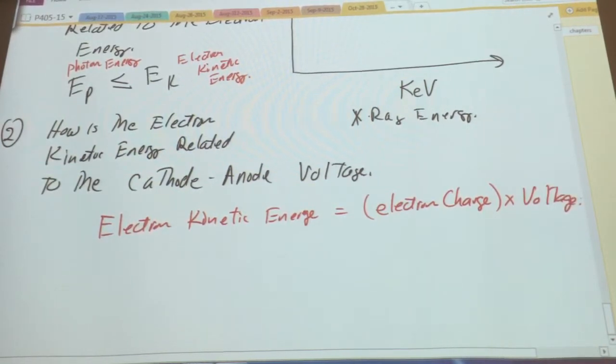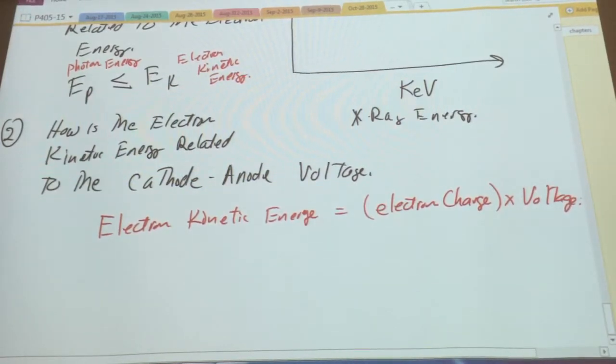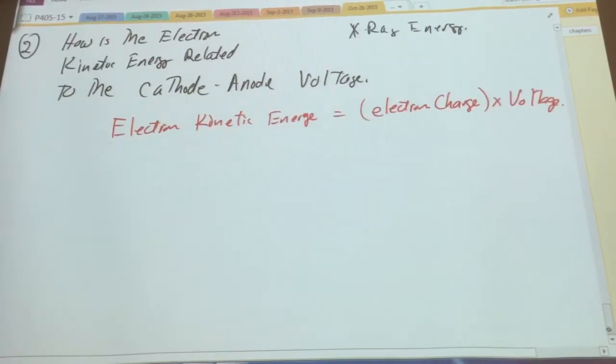So the electron kinetic energy is literally just the electron charge times the voltage. And what's the charge of the electron? 1.602. But in easier units?